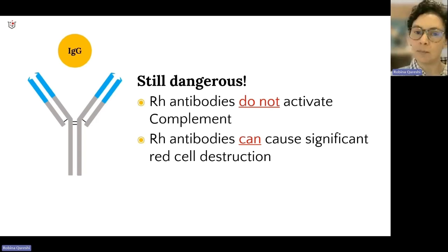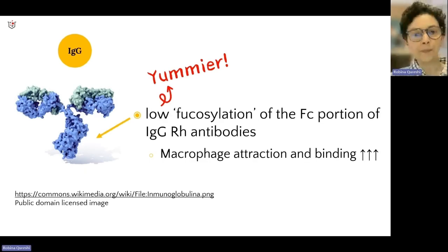So why do they do that? One of the reasons, this is quite clever. So we tend to think about our IgG antibodies as stick figures, because it's just easier to draw them that way, but I found this lovely 3D picture of an IgG here. So what actually happens is that this Fc portion, the lower it is in fucose residues, the more attractive it is to macrophages and then binding.